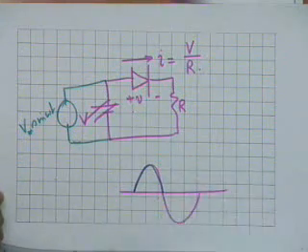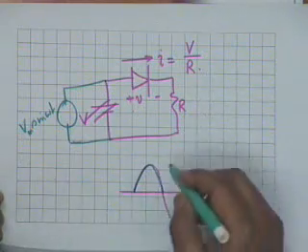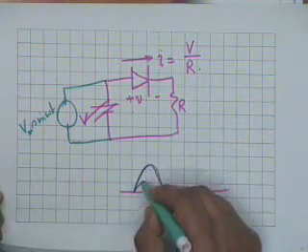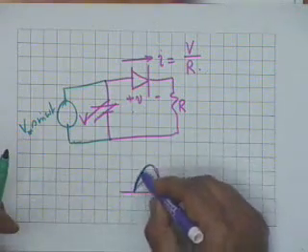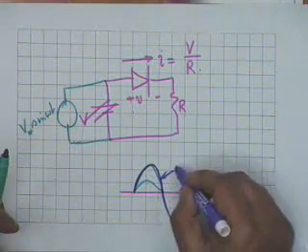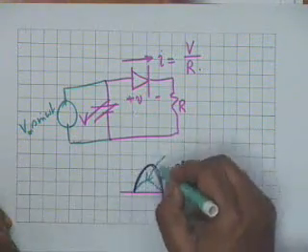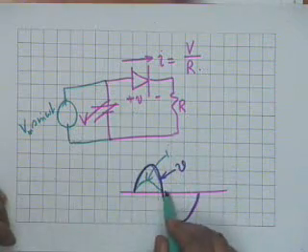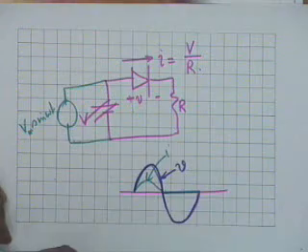Well, the current shall be determined by the external resistor R. If this is Vm, if this is V, and this is I, then the I during the negative half cycle shall be equal to 0. Isn't that right?